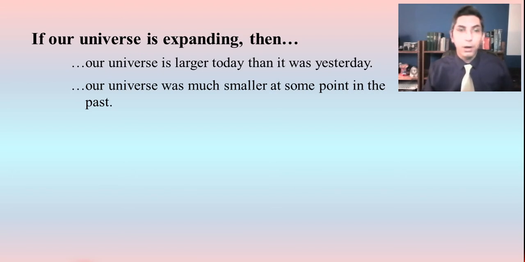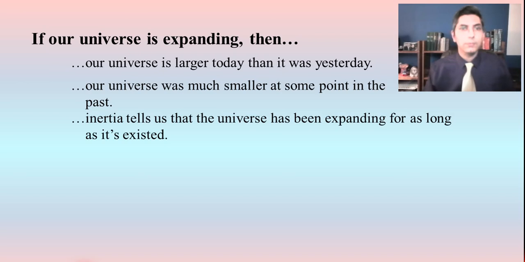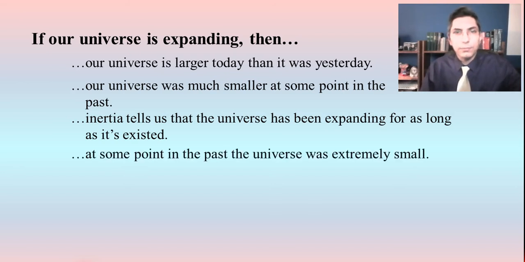And based upon simple physics, inertia, we know that the universe has been expanding for as long as it's existed. Now, it's a little bit more complex than just simple inertia. But we know from other laws of astronomy and physics that the universe has been expanding for pretty much as long as it has existed. This tells us that at some point in the past, the universe was actually extremely small.